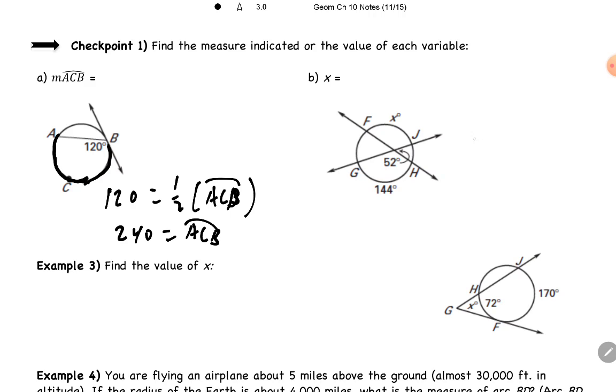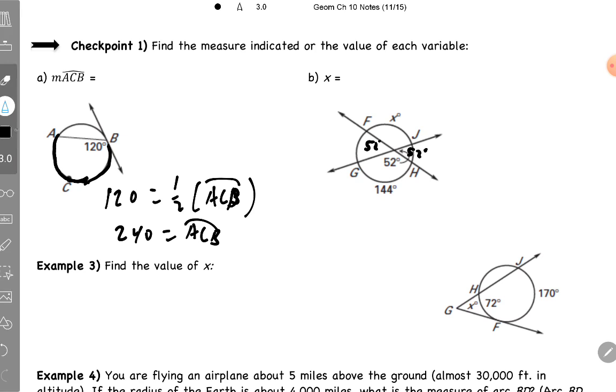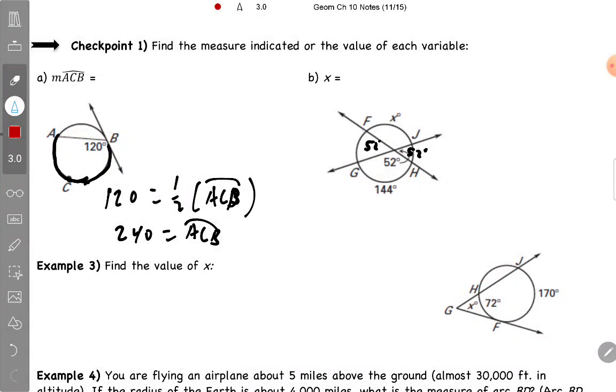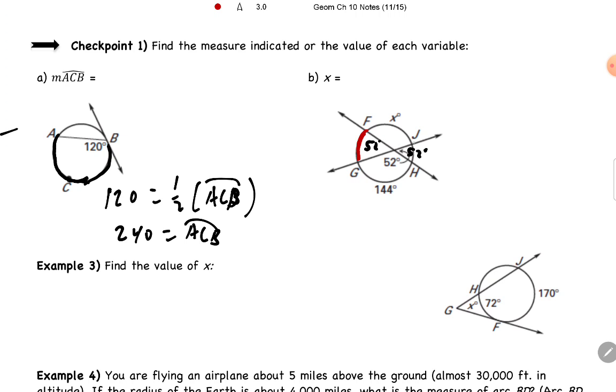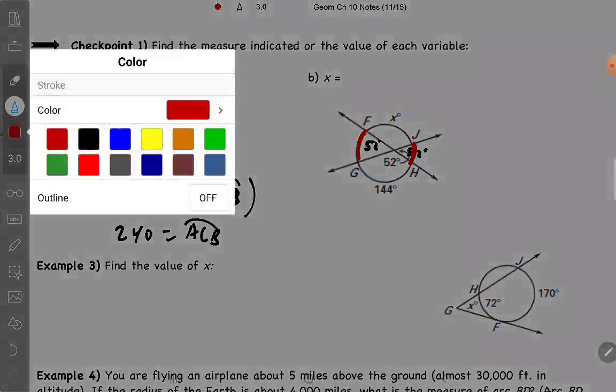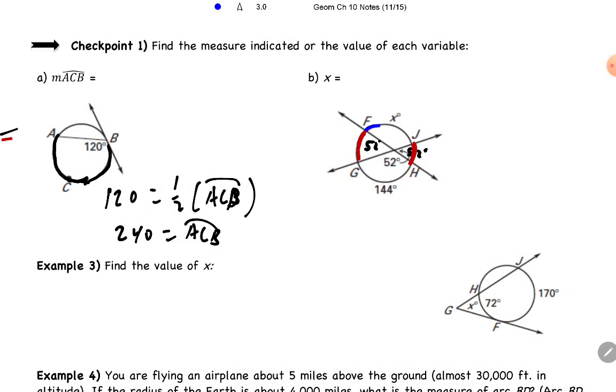Part B. So we know that this is 52 degrees, that's 52 degrees. We're looking for that arc over there. Once again, I'm going to color code these. These blue arcs correspond to the 52s and to this angle here.